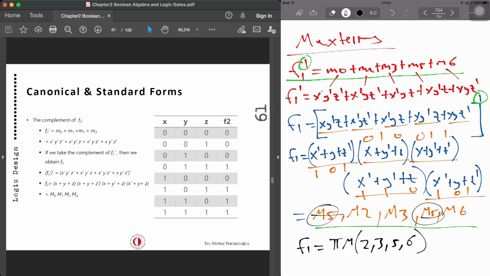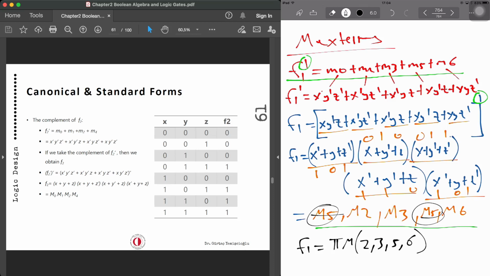Sorry, M0, M1, M2, and M4, as you can see. So X prime Y prime Z prime, X prime Y prime Z, X prime Y Z prime, and X Y prime Z prime. And if we take the De Morgan of that, we'll have X plus Y plus Z, X plus Y plus Z prime, X plus Y prime plus Z, and X prime plus Y plus Z: M0, M1, M2, and M4.